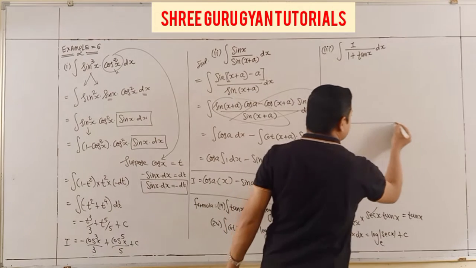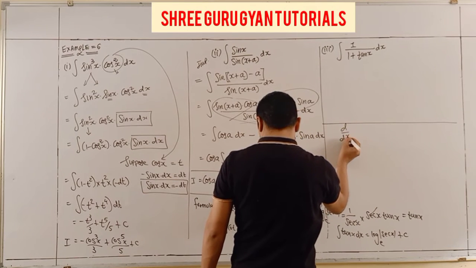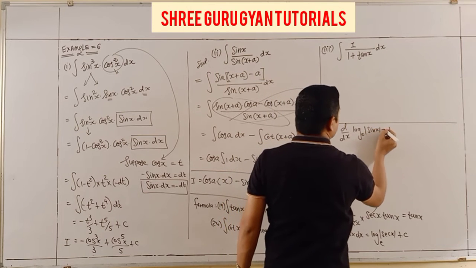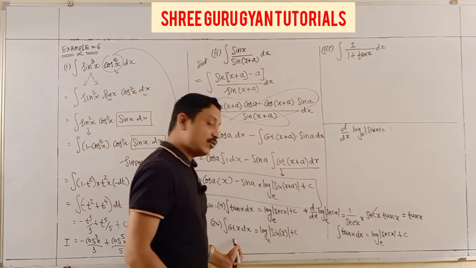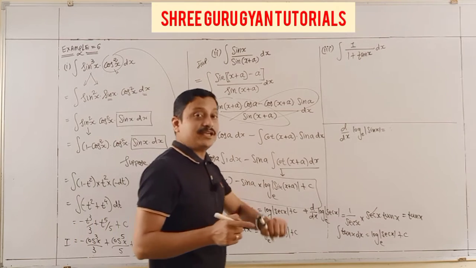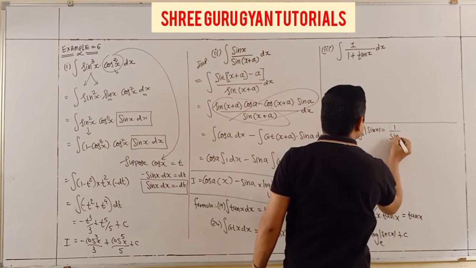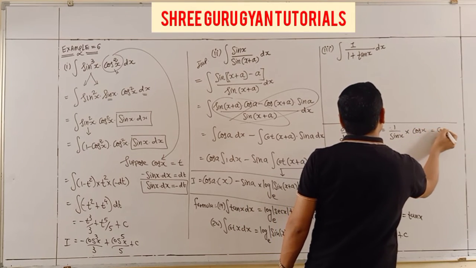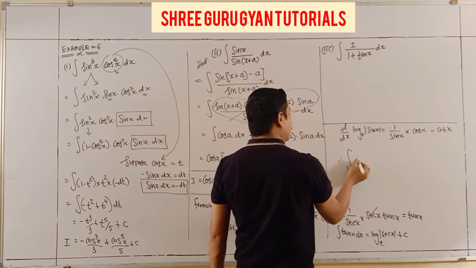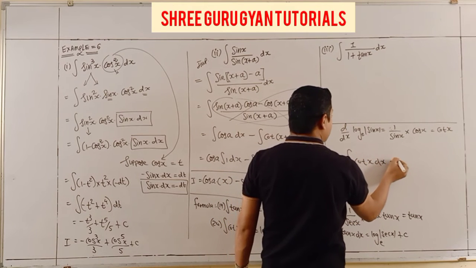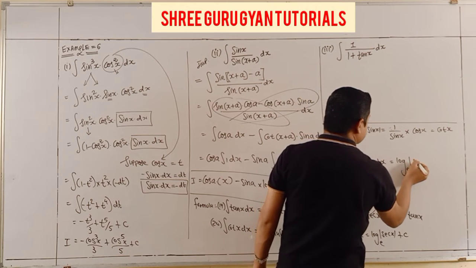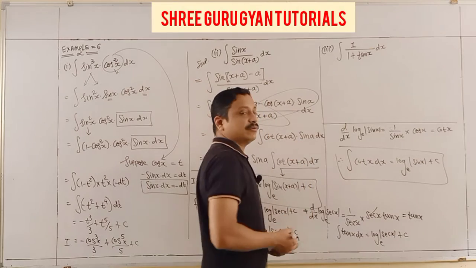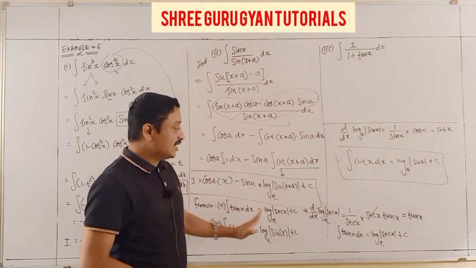Formula number 20 is also the same, d dx of log of modulus sin x also gives cot x, because here 1 by sin and sin derivative cos x. It is cot x. It means, students, integration of cot x dx is surely log of modulus sin x. And that's your derivative and antiderivative, done happily, 19 and 20.